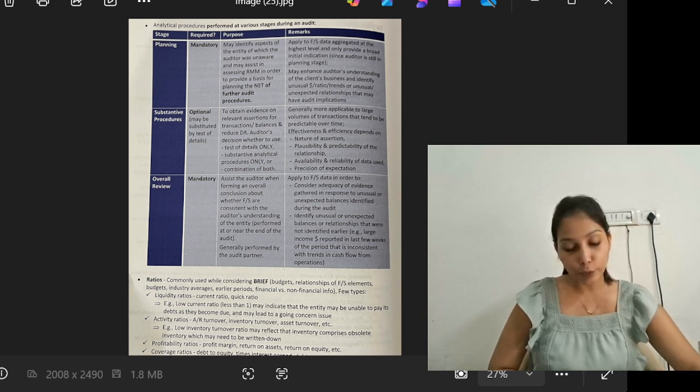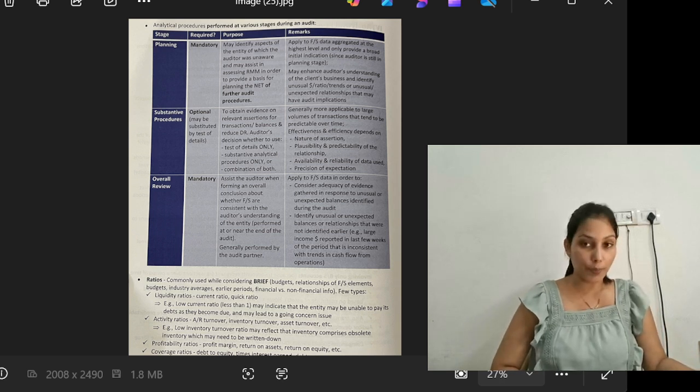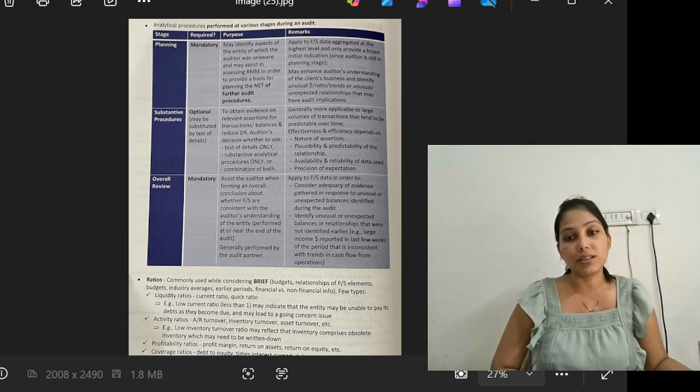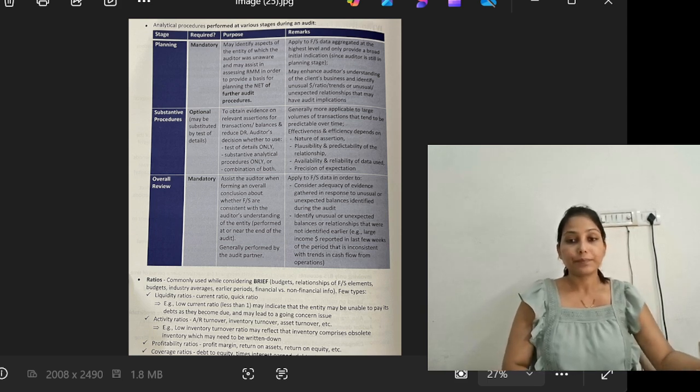In substantive procedures it is optional, but if done, the purpose is to obtain evidence on the relevant assertions for transactions and balances and reduce the detection risk. The auditor decides whether to use tests of details only, substantive analytical procedures only, or a combination of both. So this is the purpose of analytical procedures in the substantive stage.